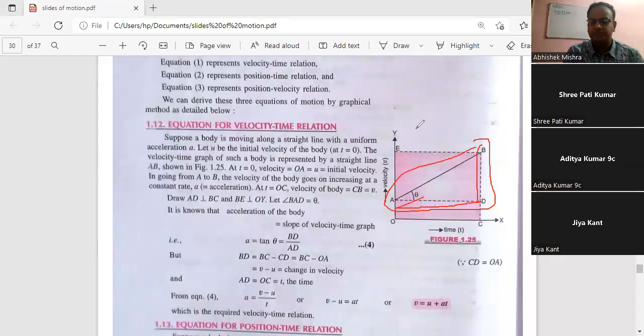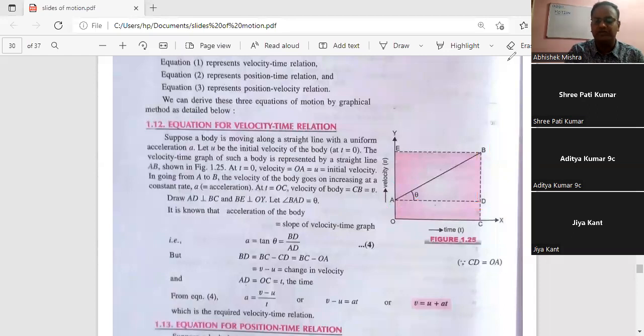Okay. I'm individually also asking all the students. Yes, all the students have given the reply. So this equation we have derived.